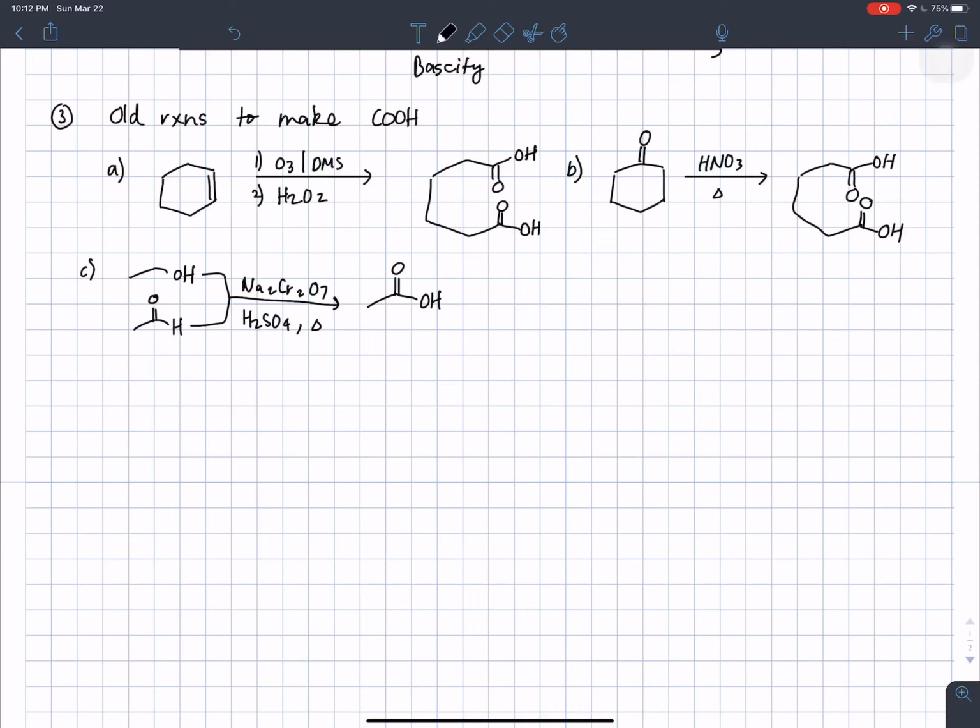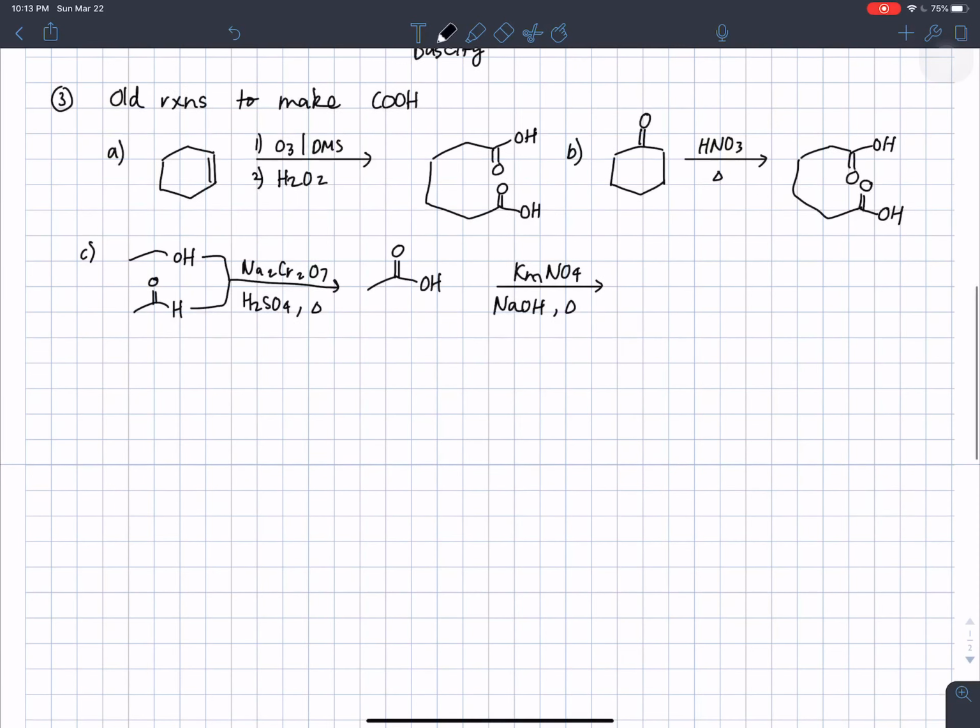So any of the strong oxidizers, like the chromium ones. Now, for this, I think also KMnO4 works, if I remember. So KMnO4 with NaOH and heat will get the same thing as that.